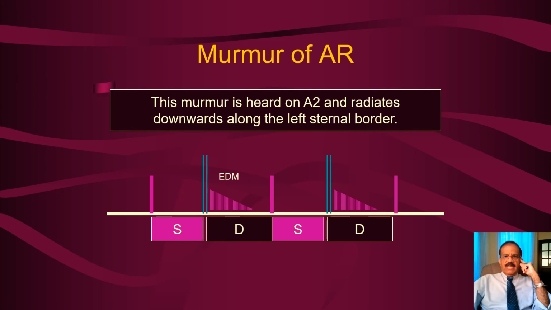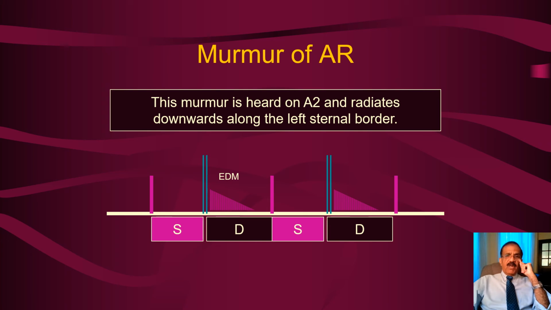Now this is the graphic representation of the same. First sound, second sound, no sound in the systole, but there may be a functional systolic ejection murmur. Why? Because there is increased stroke volume. Even if the aortic valve is not causing any obstruction, because of increased stroke volume there may be a faint systolic ejection murmur here.